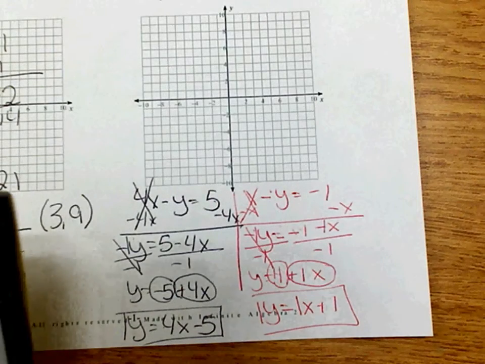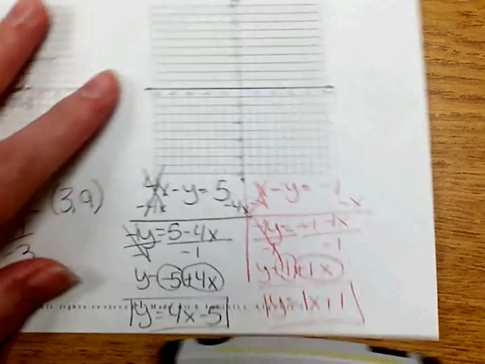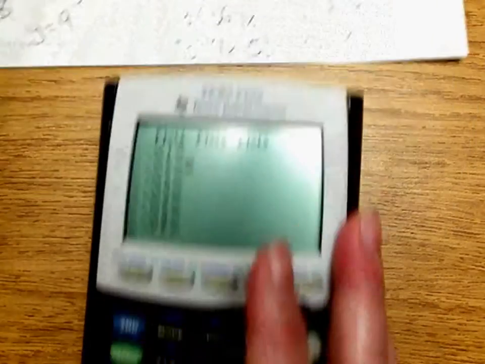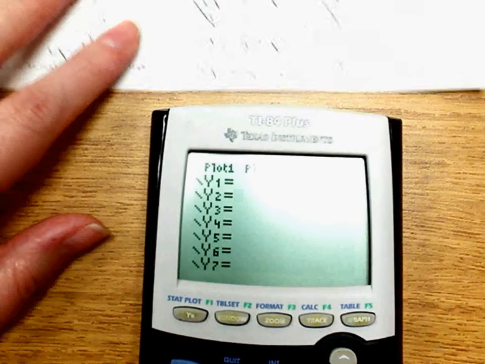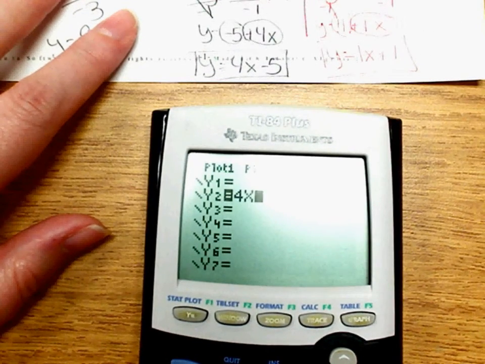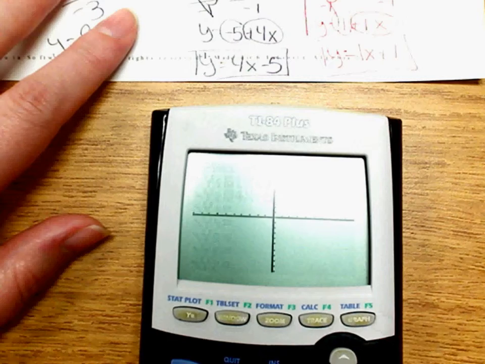Go to y equals, and I put them in the calculator. So first I have 4x minus 5, and the other one I have is 1x plus 1. I go to graph.